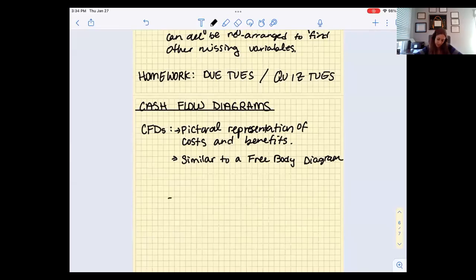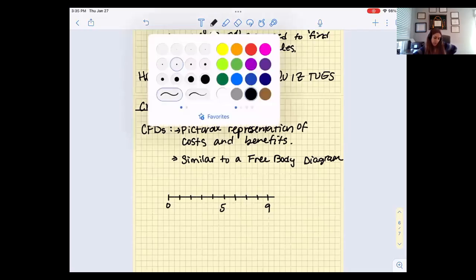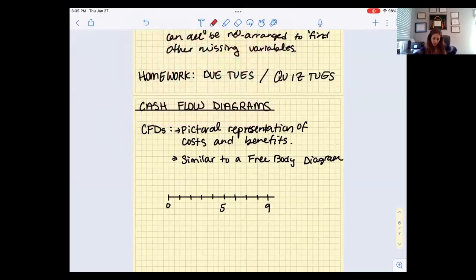So what I mean by that is you're going to have a timeline, for example. You'll say, here's year 0, like today. And then you've got year 1, 2, 3, 4, year 5, 6, 7, 8, 9, for example. And so you might say, well, at year 3, I had to pay $50.